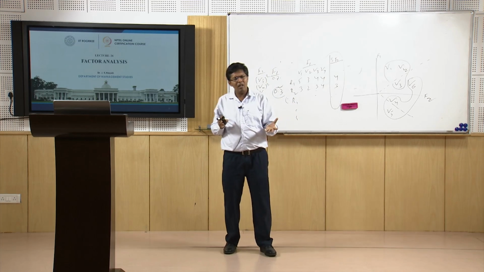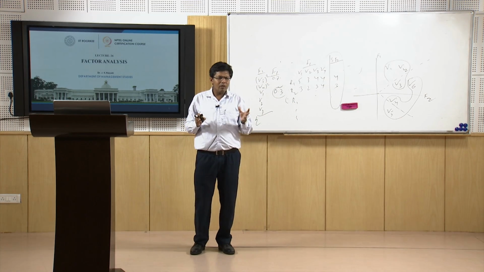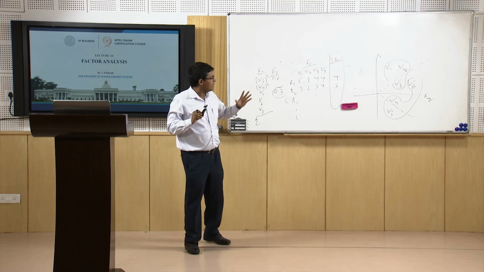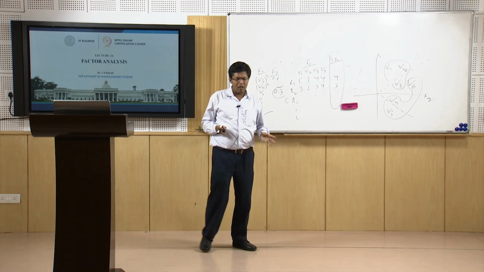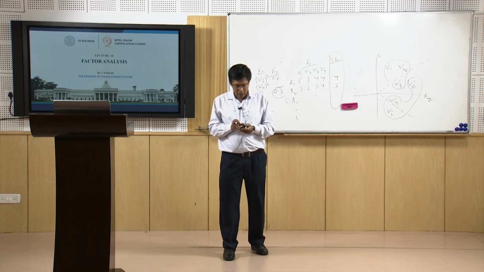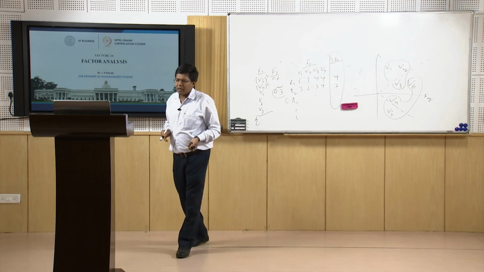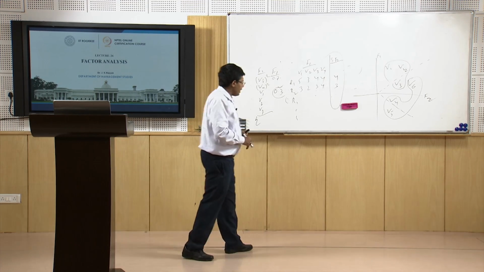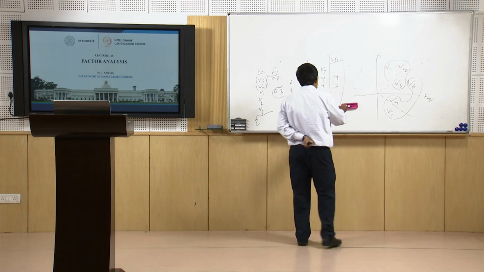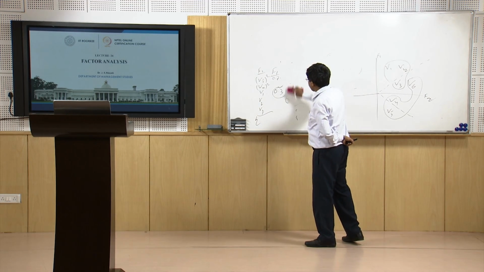It is a regression model, but it uses the correlation value also to explain itself. This is how we generated several factors out of a large number of possible variables. Now, there is a different kind of factor analysis also which is very important and which we need to understand.